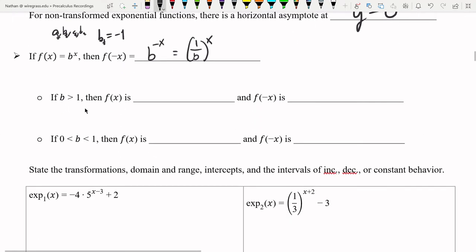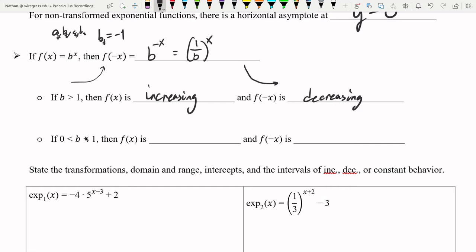Now, if b is greater than 1, that was like 2 to the power of x, it goes like this. If b is greater than 1, then f of x is increasing. If we have f of negative x instead, then we have a function like this. This is decreasing.